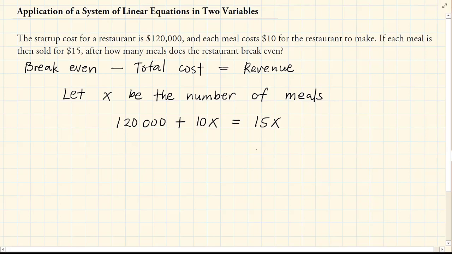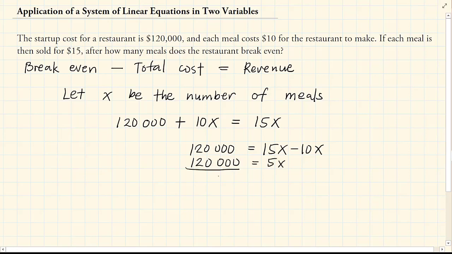Okay, so we compute for x. This is 120,000 is equal to 15x minus 10x. So 120,000 is equal to 5x.